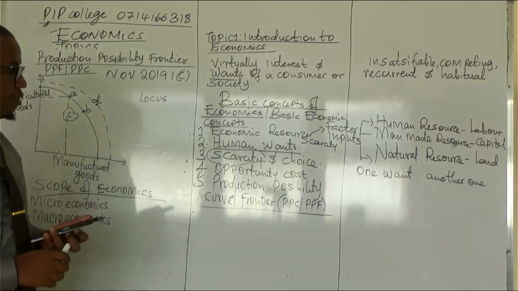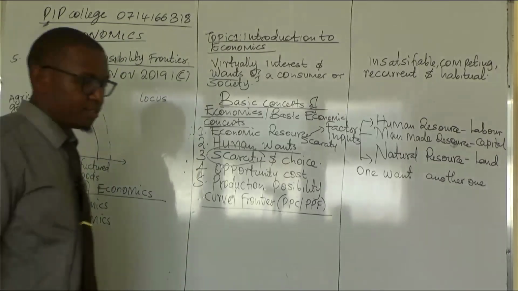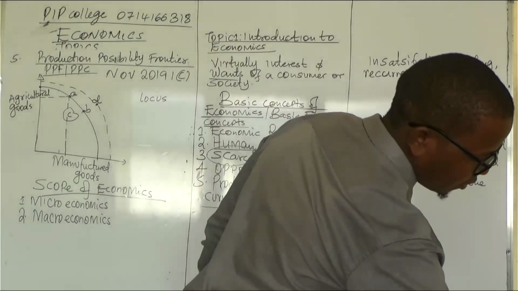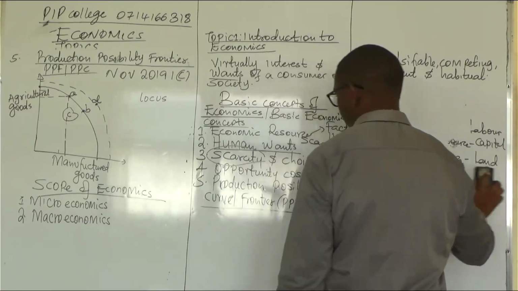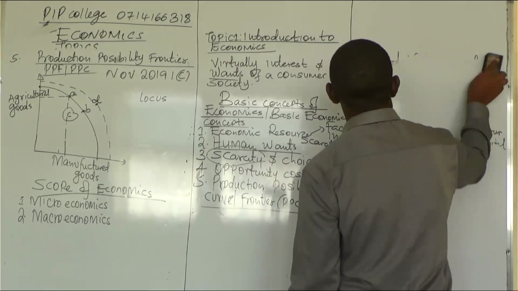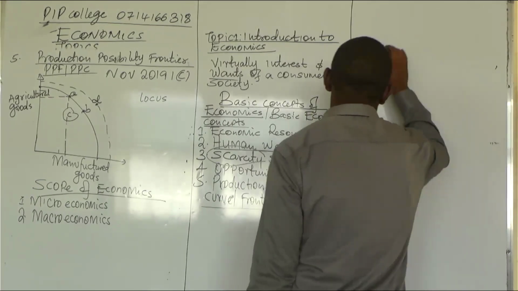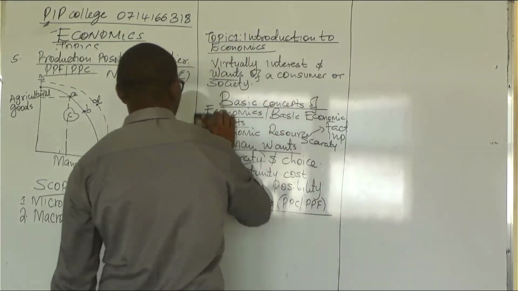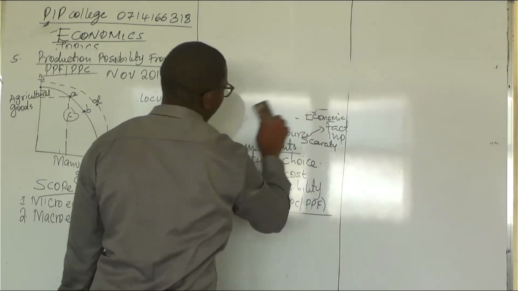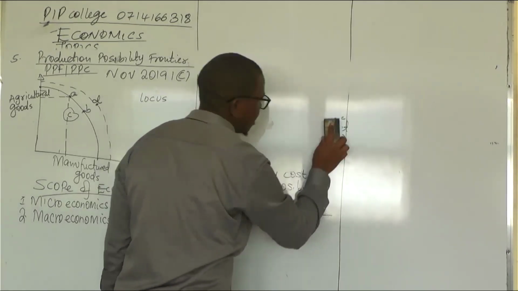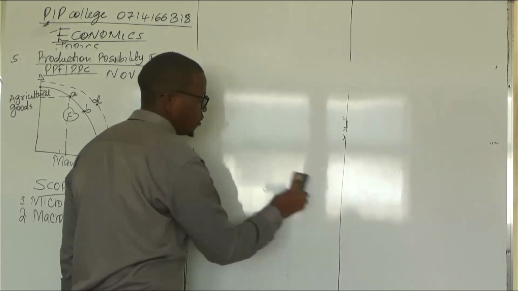Now, methodologies of economics. When we talk about the methodology of economics, we'll talk about it in two ways. There is what we call positive economics and what we call normative economics.